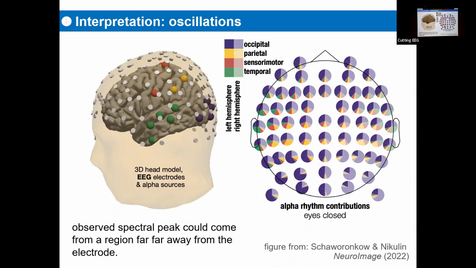So if you take a frontal electrode and you observe an alpha peak, it might not be generated in the vicinity of the electrode, just because of how the signals propagate through space.